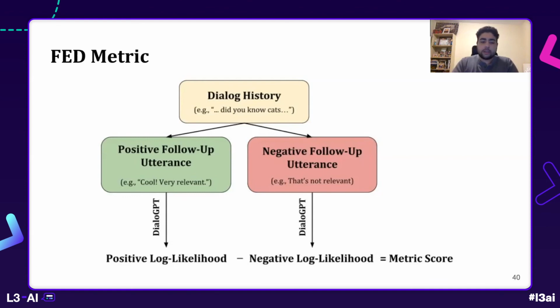By subtracting the log likelihoods from each other, we ultimately get the metric score. If the metric score is higher, it suggests that it's more likely DialoGPT is going to produce something like "cool, very relevant." If the metric score is lower, it suggests that it's more likely that DialoGPT would produce "that's not relevant." What this really means is that we're relying on DialoGPT to have captured some notion of relevance, and therefore know when it's better to respond with the positive follow-up utterance versus the negative follow-up utterance.